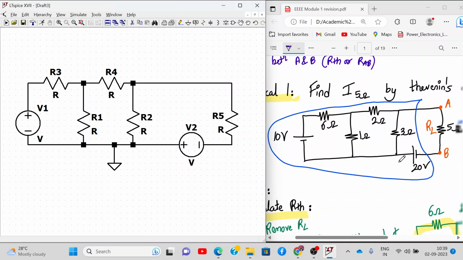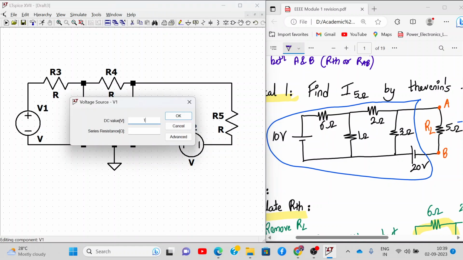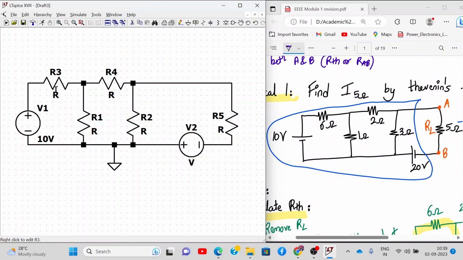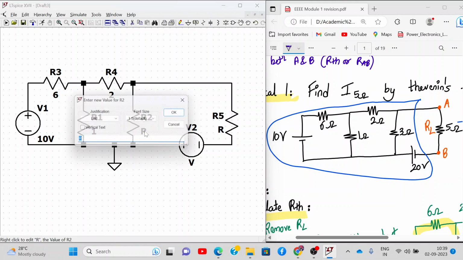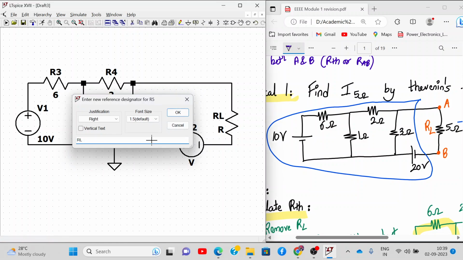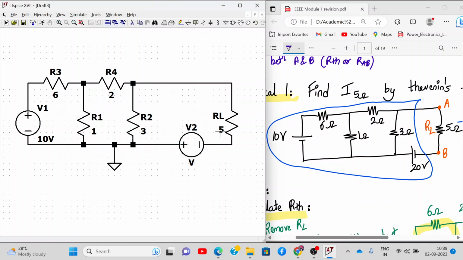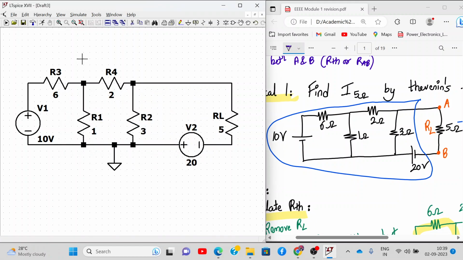I made my circuit. Now I will right click and give the value as 10 volt. This value is 6. This value is 2. I'll right click on R and give the values. This is 3 and this is load RL. Let me call it load RL. And this value is 5. Alright. And the value of this voltage source is 20.